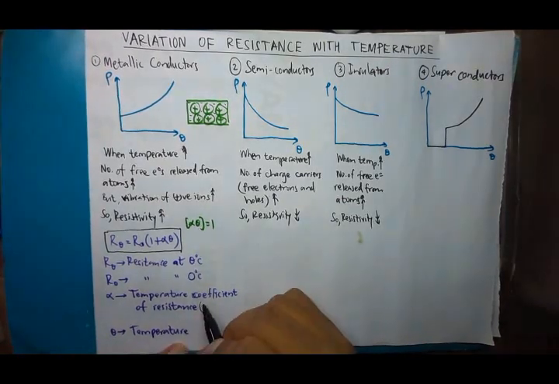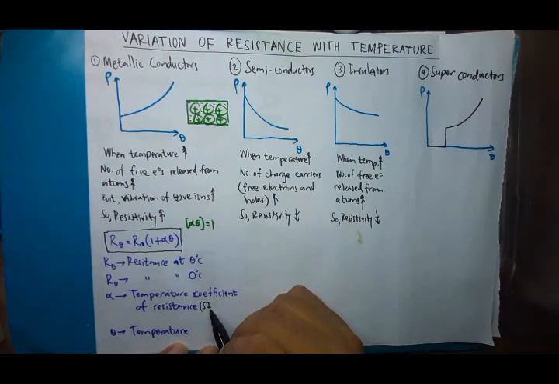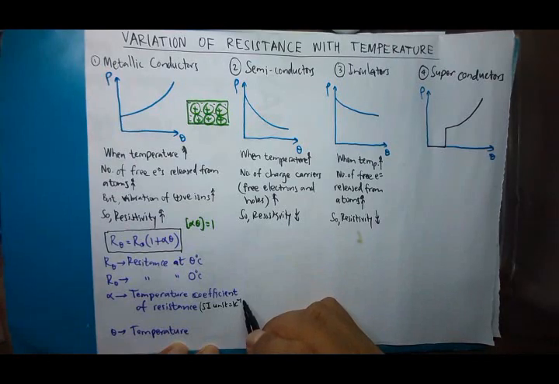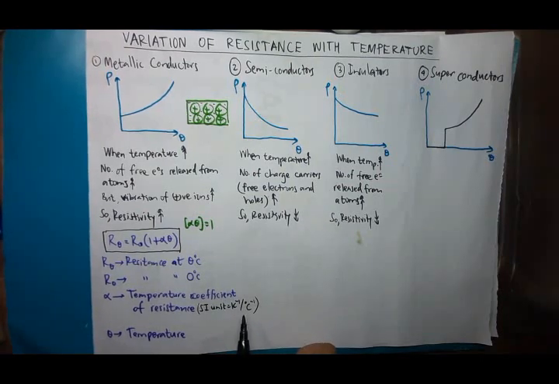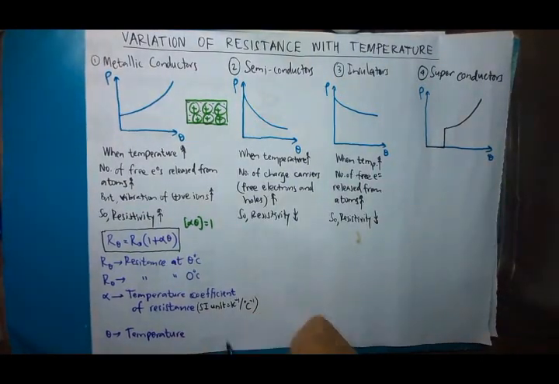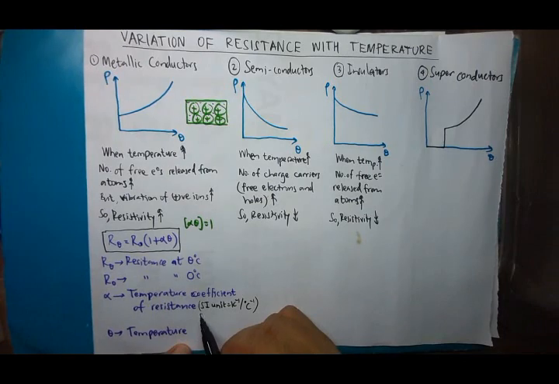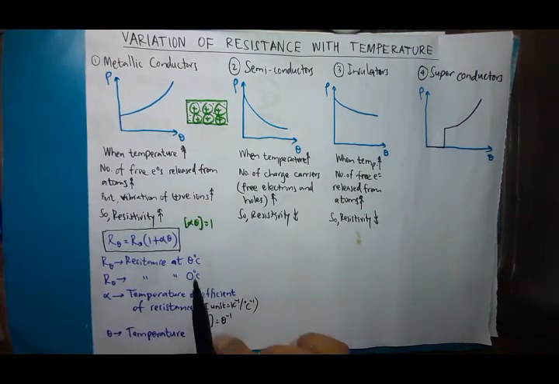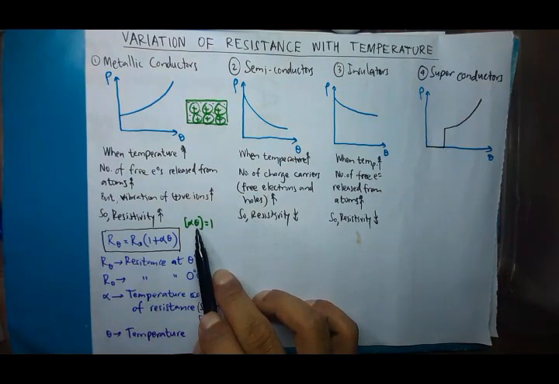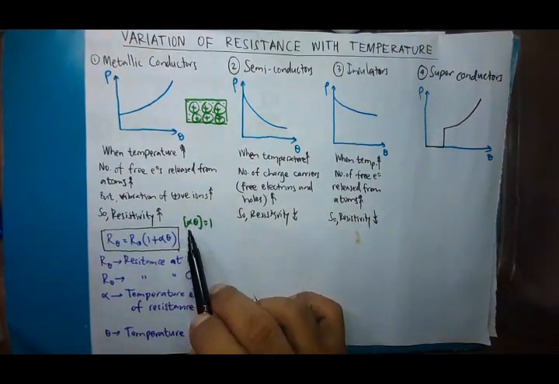The SI unit will be Kelvin minus 1. If not, they can use the unit degree Celsius minus 1 as well. But degree Celsius is not an SI unit, remember, it's another unit. That is important, we always need to remember. Also the dimension is going to be theta minus 1, because theta is temperature and has a dimension of theta itself, so alpha should be the reciprocal of that.